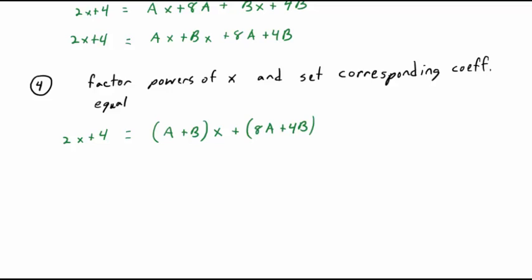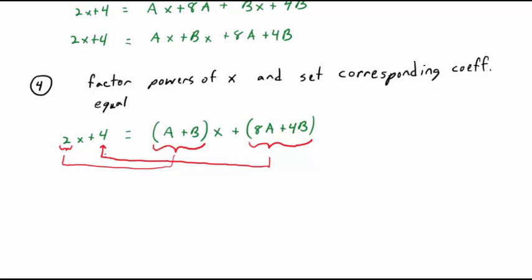So here's the idea, guys. If two polynomials are equal, then their corresponding coefficients are equal. So take a look at this. A plus b then must equal 2. That's what I mean by setting corresponding coefficients equal. The constant coefficient is 8a plus 4b, so you wouldn't want to factor out a 4. But you could set it equal to 4, which just happens to be the constant on the left side.